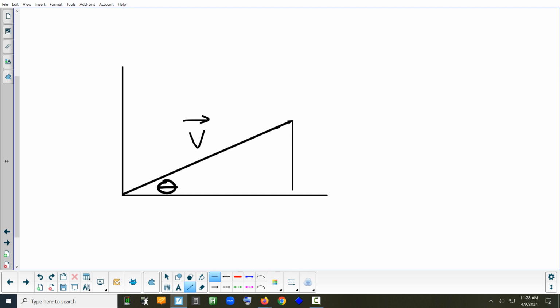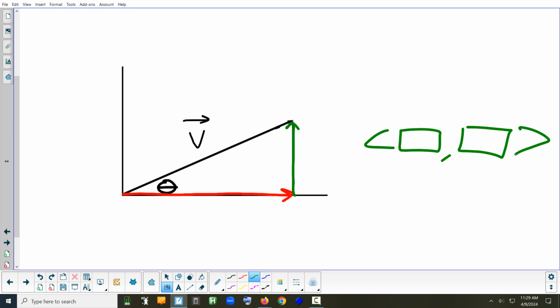Now, the red and the green vector combined together give you the black one. The red vector is what goes in the first box, and the green vector goes in the second box. We just have to figure out how long they are. So let's temporarily call the bottom side x, and we'll call this y.